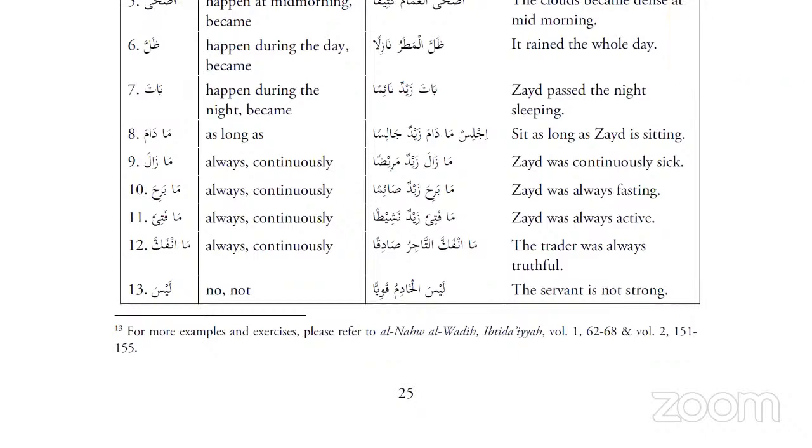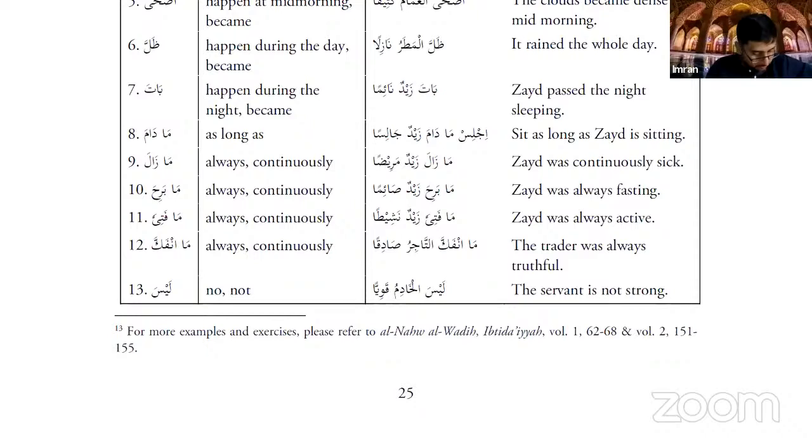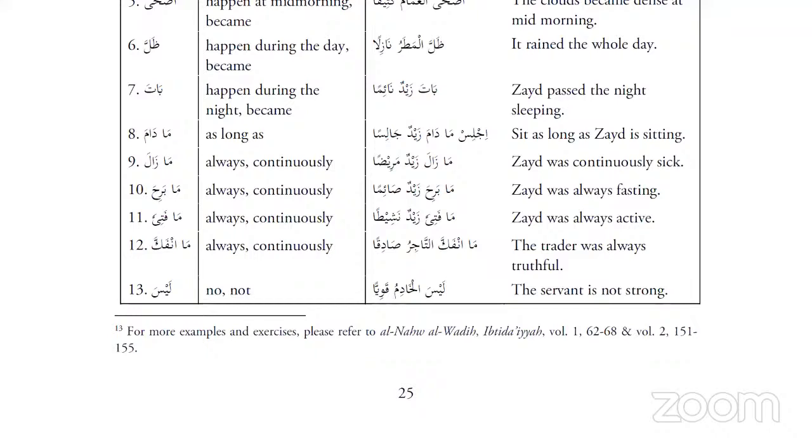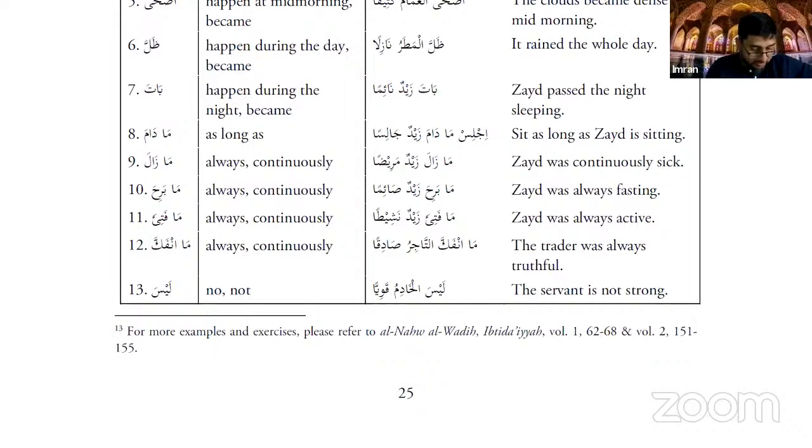Zalna, Zilna. Zilta, then Ziltuma, correct. Ziltum, Zilti, Ziltuma, Ziltunna, correct. Zilta, and Zilna. Excellent.